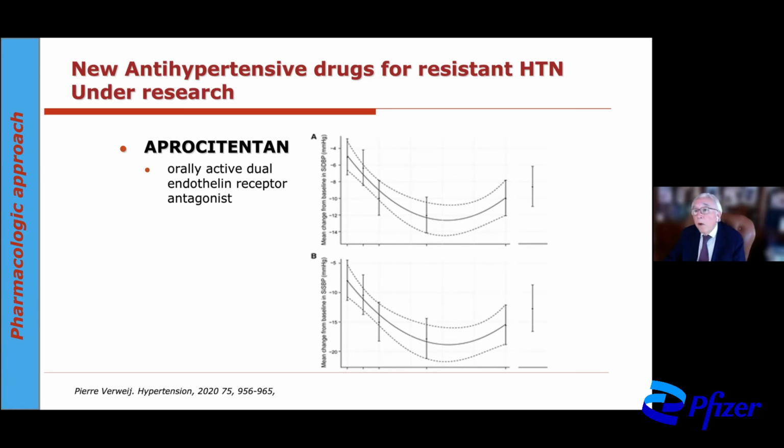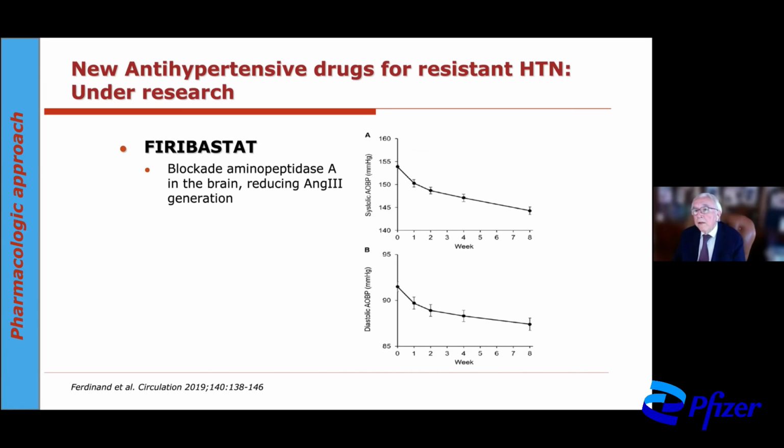And there is another one with a more sophisticated mechanism of action. It is firibastat. Firibastat is a blocker of aminopeptidase A in the brain that reduces angiotensin III generation, with this a decrease in the renin-angiotensin system, sympathetic overactivity, and also a decrease in the secretion of vasopressin.